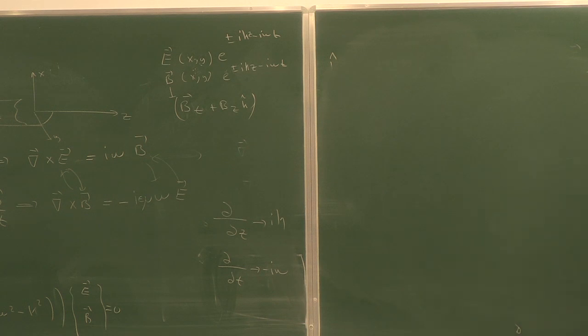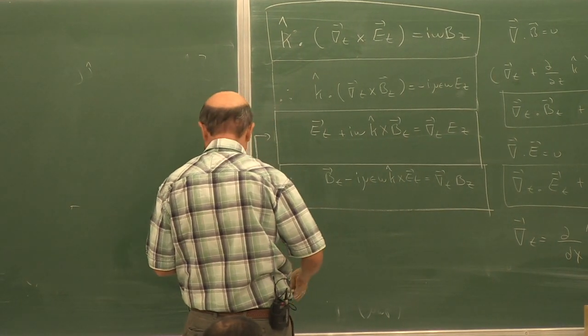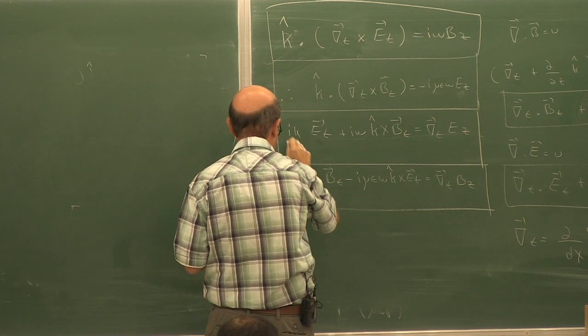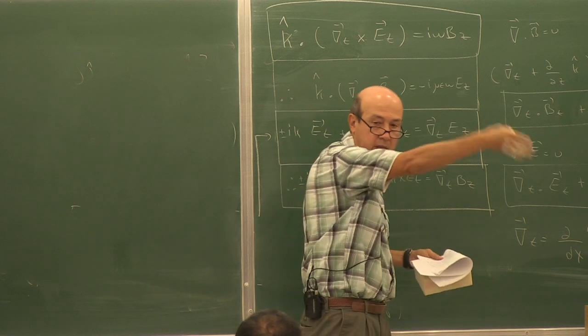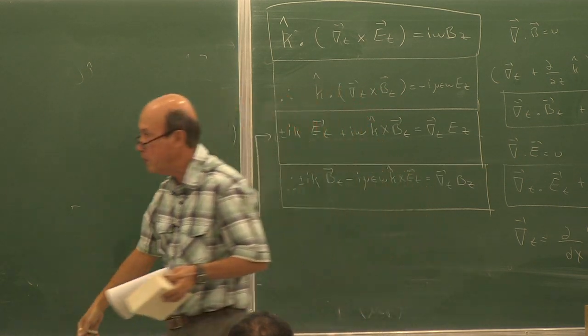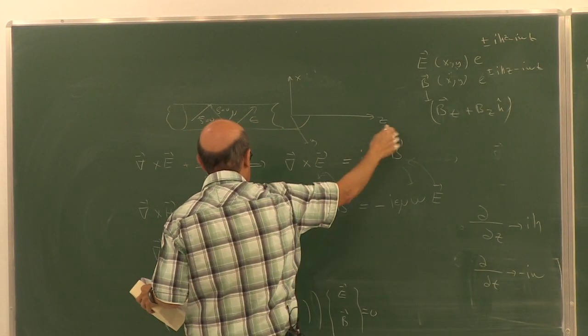So replace this by ik, or plus or minus, it doesn't matter. Plus refers to one direction of propagation, minus refers to the other direction of propagation of the waves in the waveguides, plus z or minus z.